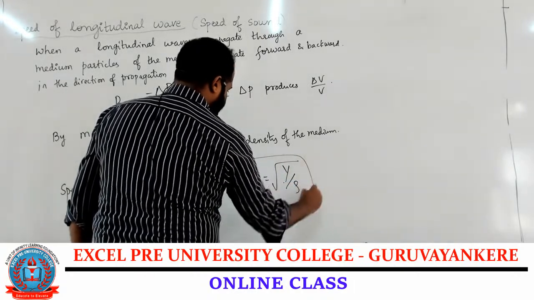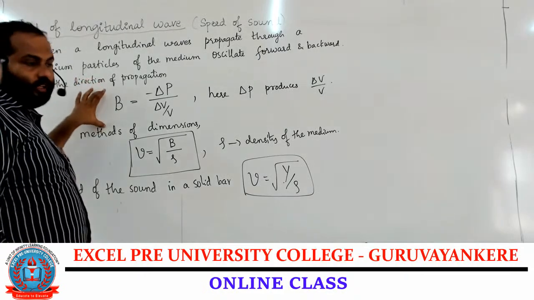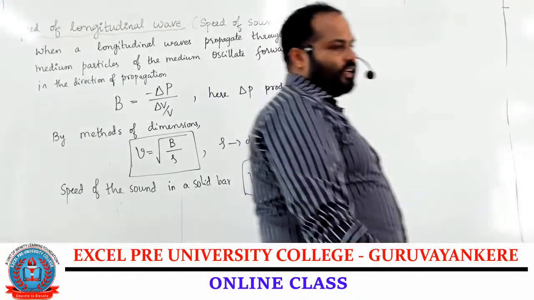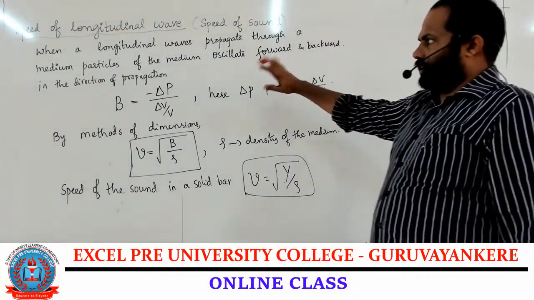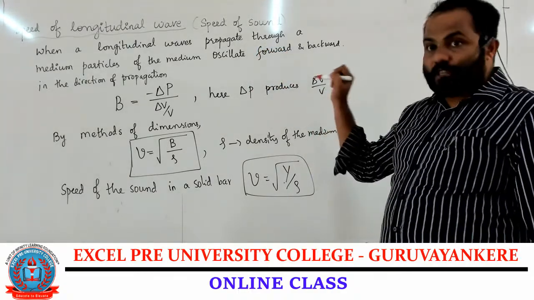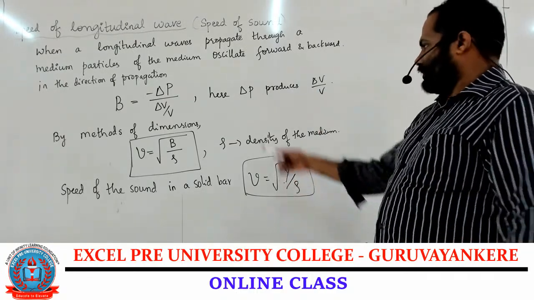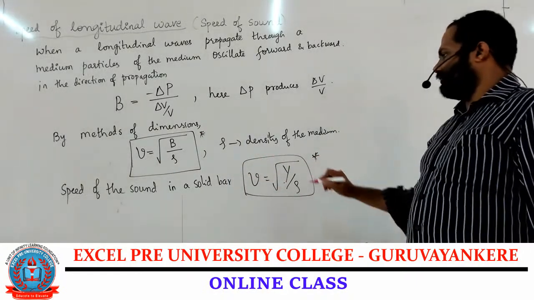Just remember this formula, children. Actually, this can be derived using methods of dimensions, but anyway, this year exam they won't ask any derivations. From dimensional analysis derivation they don't ask. From this chapter, there are some other derivations which I am going to do. So just remember, this is the velocity of the longitudinal wave.